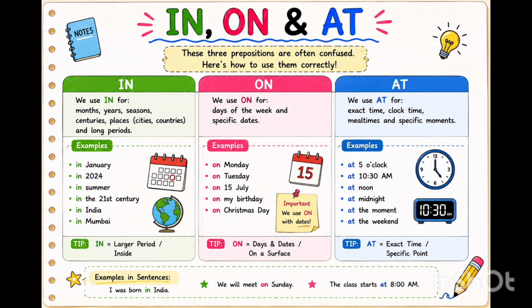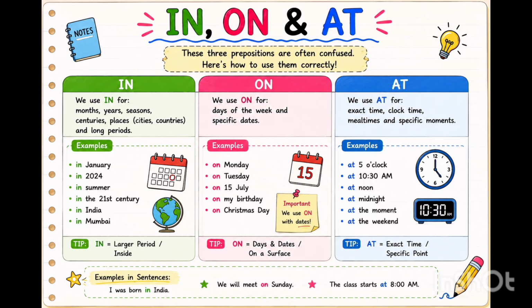On. Use on for days and specific dates. For example, on Monday, on Tuesday, on 15 July, on my birthday. At. Use at for exact times and specific moments.